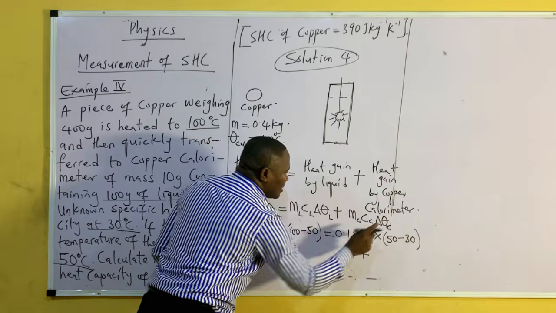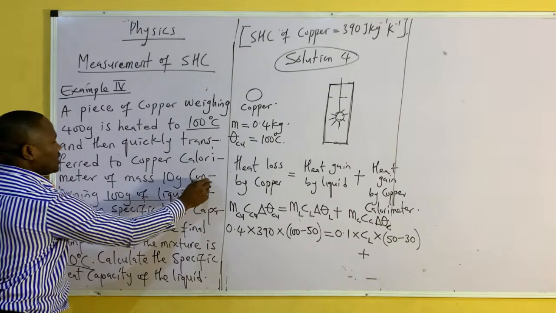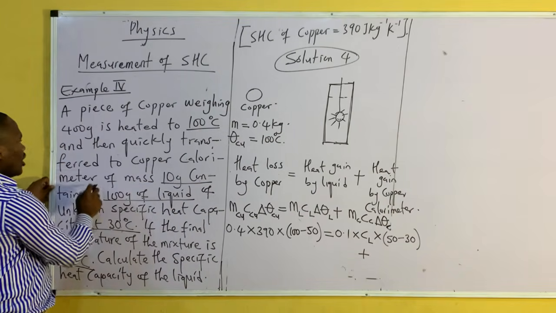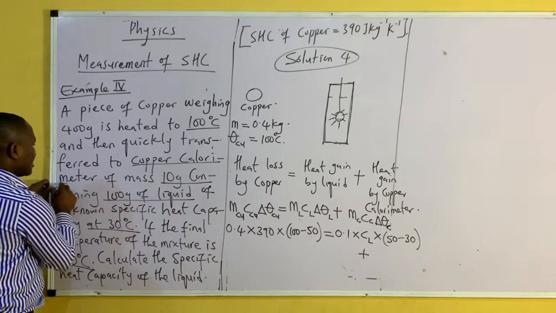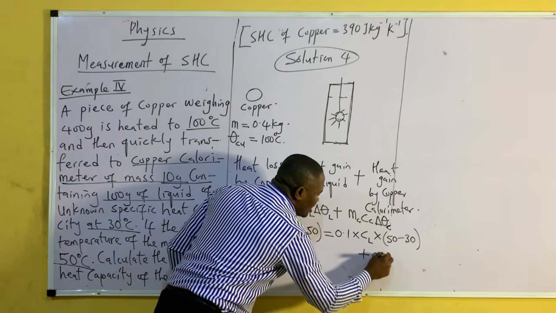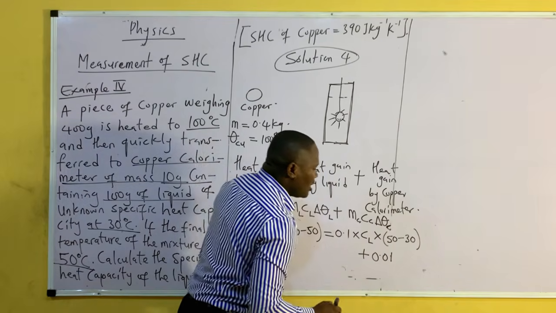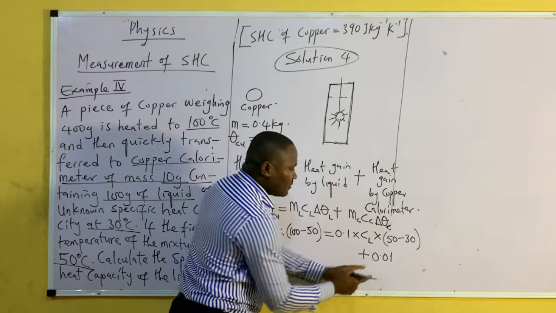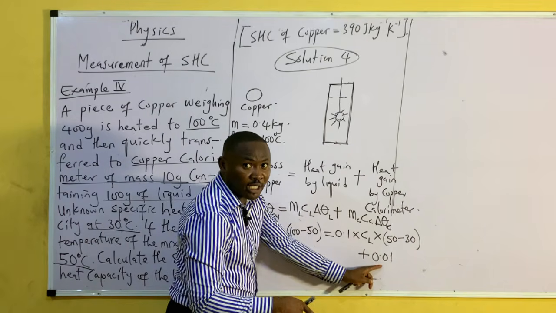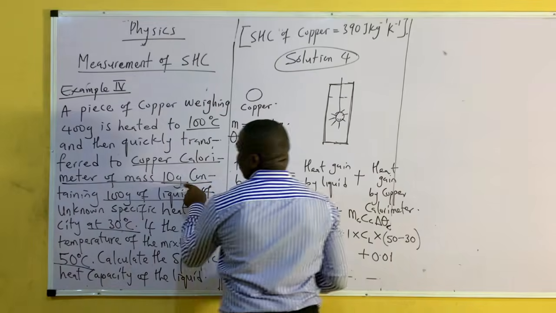Now let's see what about for the calorimeter. Mass of the calorimeter is 10 grams, a copper calorimeter of 10 grams. So it will be 0.01 kg. Now I'm dividing by 1000 to get it in kilograms. That's why I'm converting 10 grams to kg.